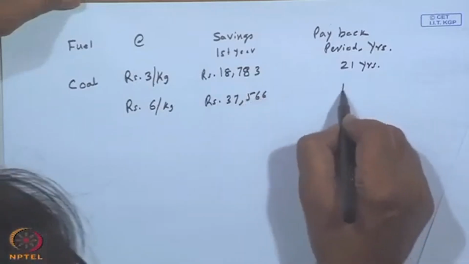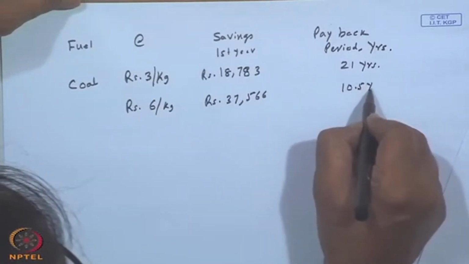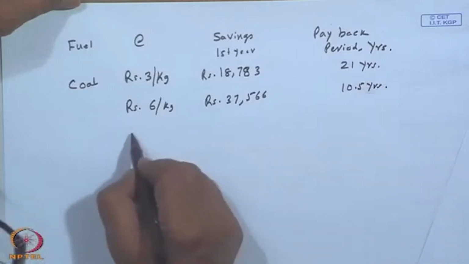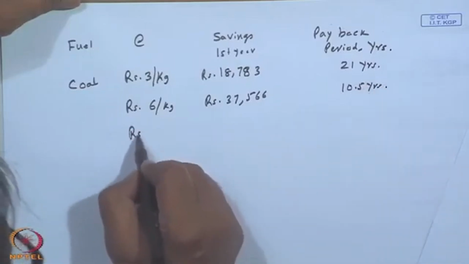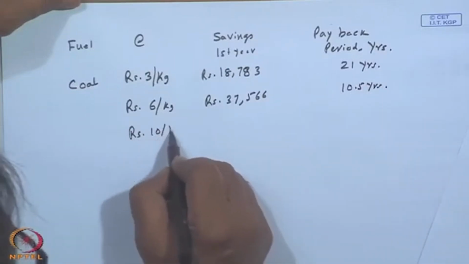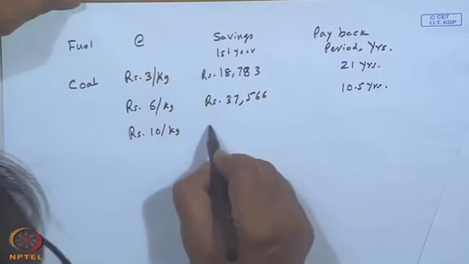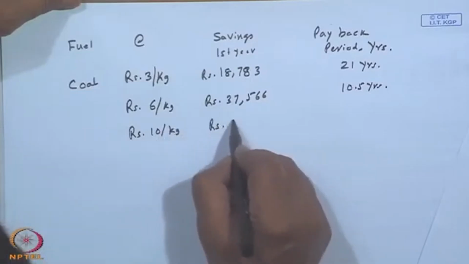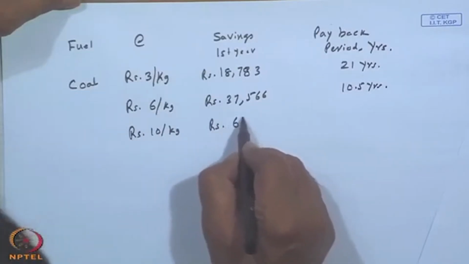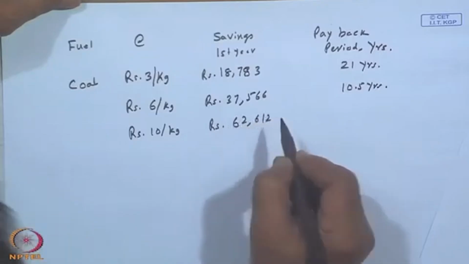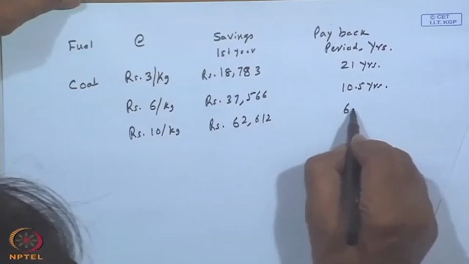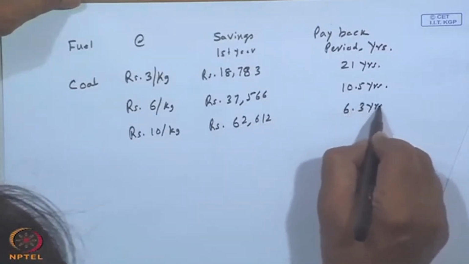This becomes half, 10.5 years, and at Rs 10 a kg, which will be Rs 62,616, leading to 6.3 years.